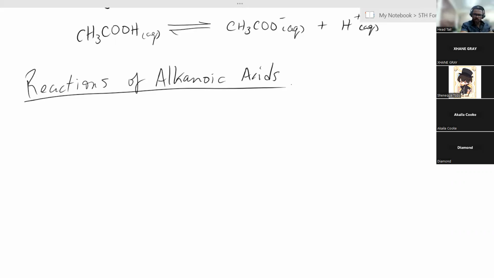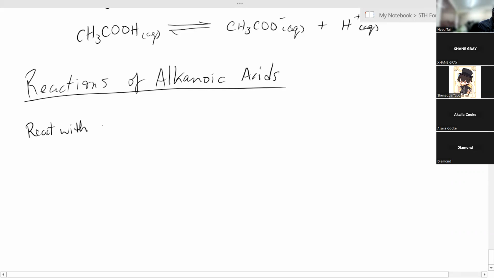So the first reaction we have is reacting with reactive metals. And what happens when they react with reactive metals? The example we're going to use is ethanoic acid.